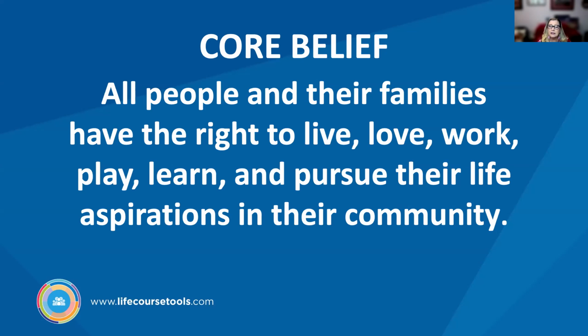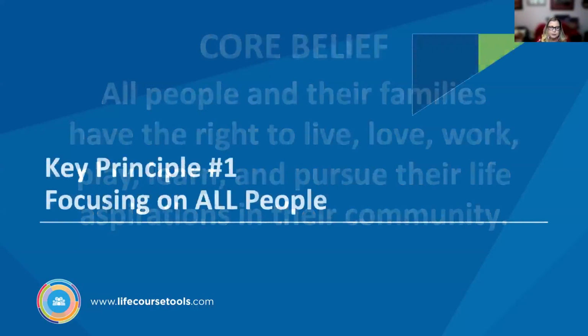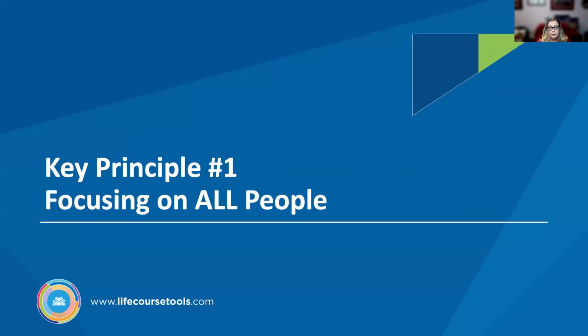Now, you notice it doesn't say all people with disabilities or all people who are aging or all people who are whatever. All is all. And so we include all people in families, not creating silos. And our first principle is focusing on all people. Let's talk about what that means.